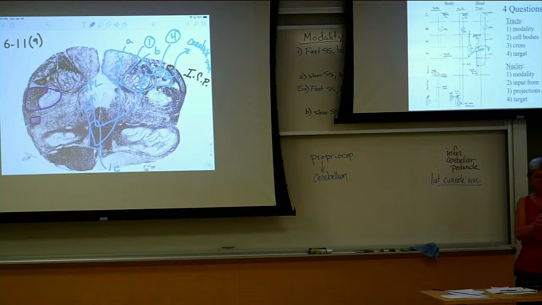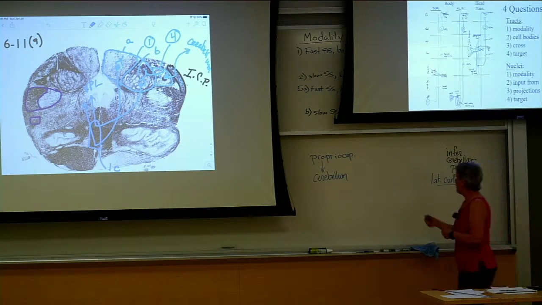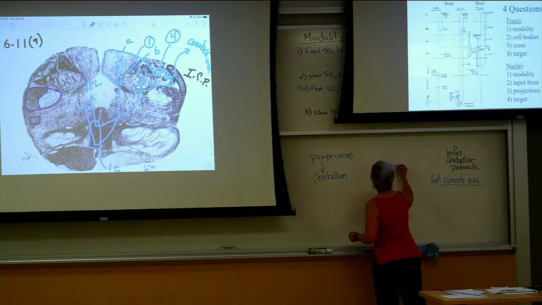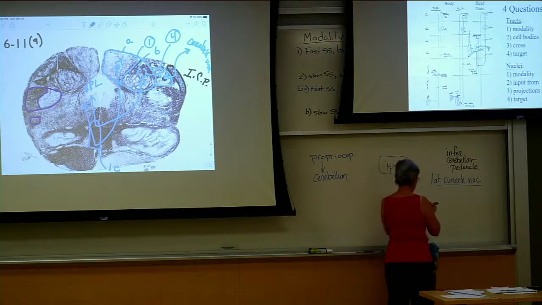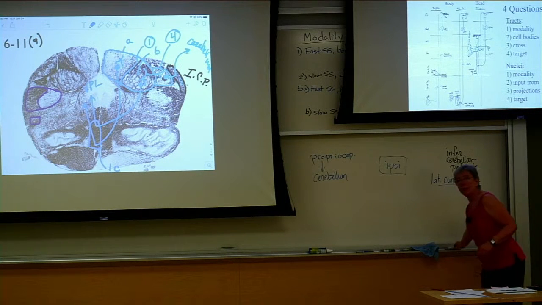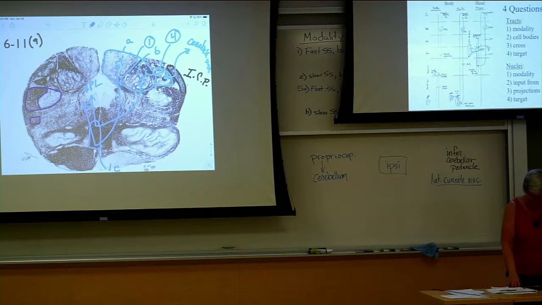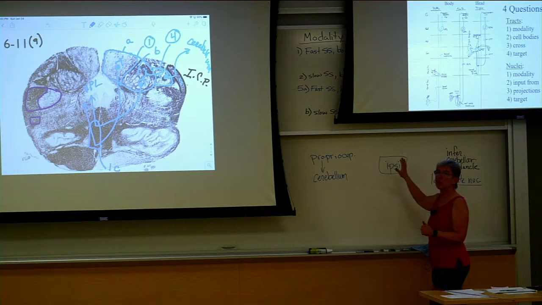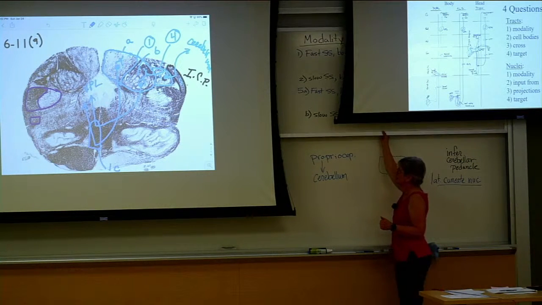Nucleus dorsalis is for proprioception of the lower body to cerebellum. Lateral cuneate nucleus is for proprioception from the upper body to cerebellum. And these pathways are both ipsilateral all the way. They never cross the midline before it gets to cerebellum. Okay, so that's our aside just to finish up our proprioceptive information to cerebellum.